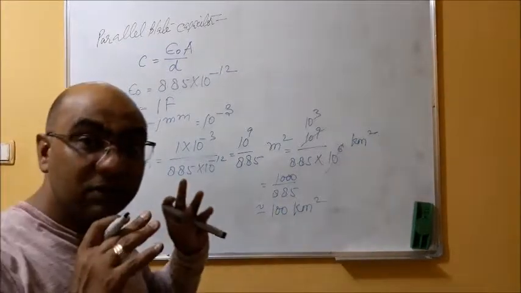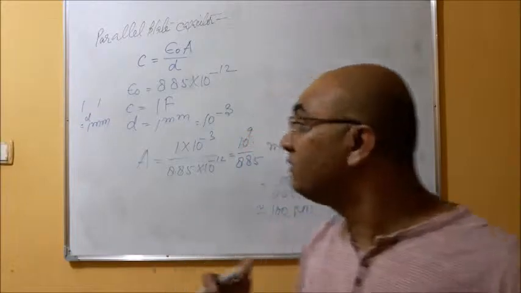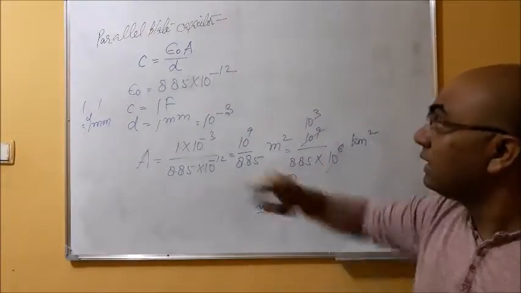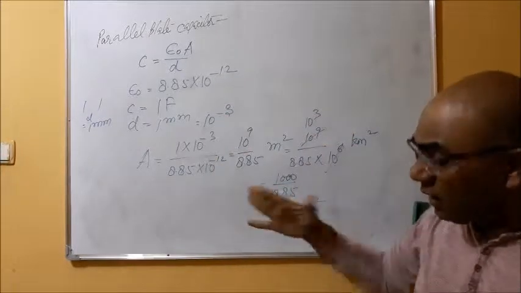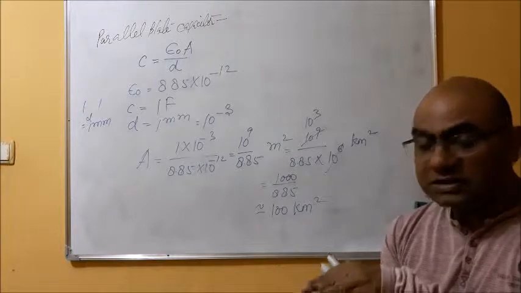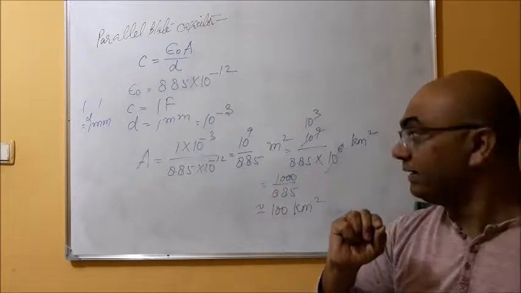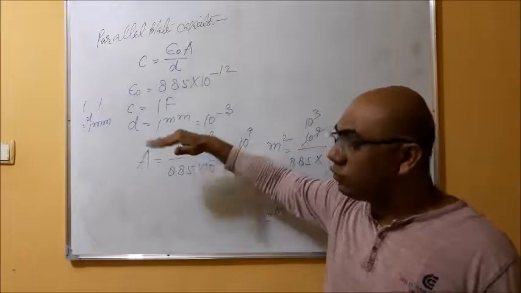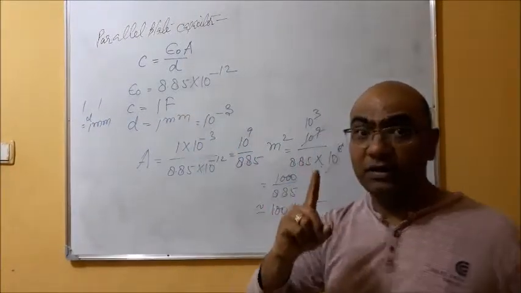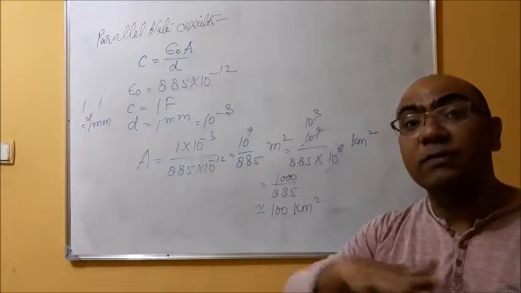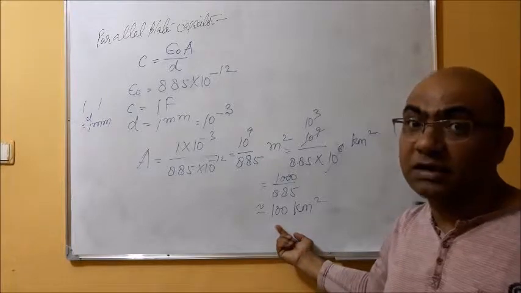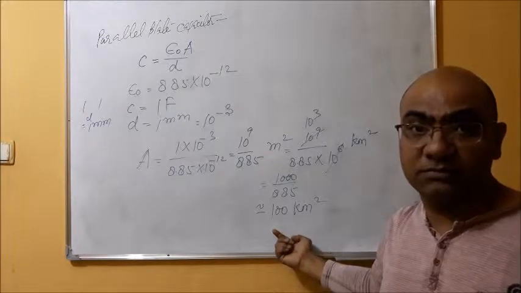So what is the physical significance of this derivation? If you have a capacitor in which two parallel plates are separated by a distance of 1 millimeter and you want to maintain the capacitance value of 1 farad, then the size of the plate will be 100 kilometers square, which is practically impossible, right?